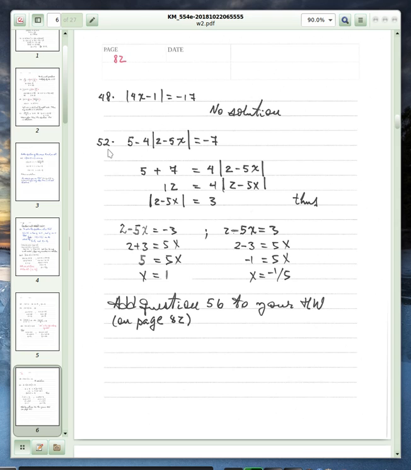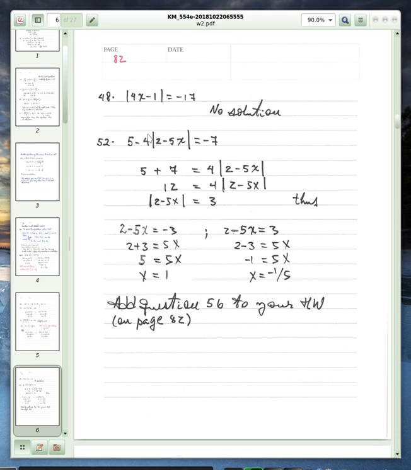Now in 52, same page, even though there is an absolute value involved, and at the end they tell you that the result is negative 7, you still don't have the right to say that there is no solution, because there could be a solution. For example, the fact that in baking a sweet you use salt doesn't make the sweet salty.